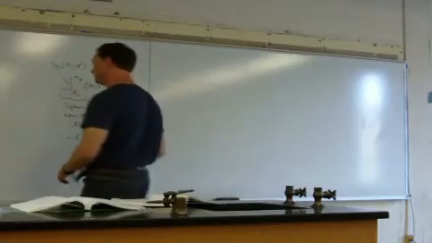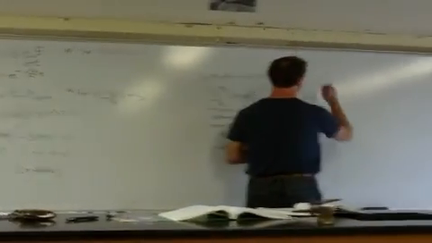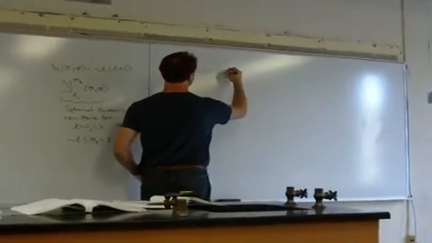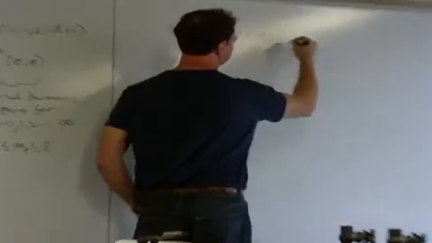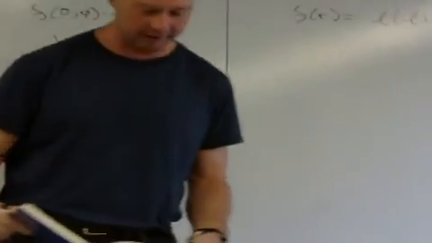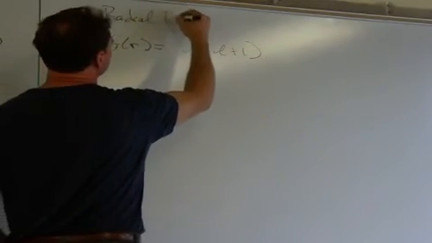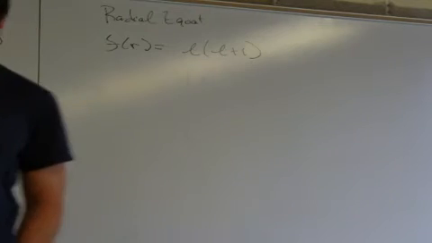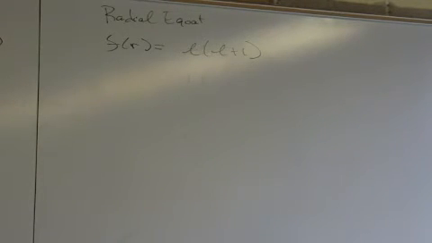What we're next left to do is to solve for f of r. F of r equals L times L plus 1. And that's where we find ourselves, right here on the radial equation. This is just called the radial equation, section 4.1.3 in Griffiths.